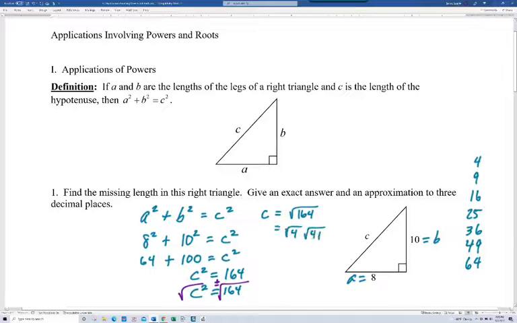In fact, if you divide by 4, you find that 4 times 41 is 164. And of course, 41 doesn't have any perfect square factors, and so this is going to be just 2 times the square root of 41. In decimal form, to 3 decimal places, you should get 12.806. Since they didn't give us any units of measure, we won't give an answer with units of measure.